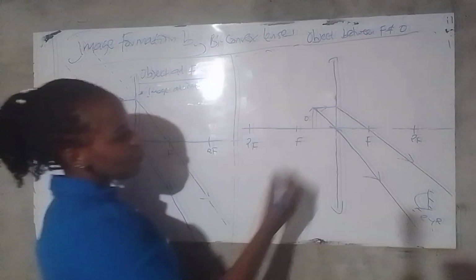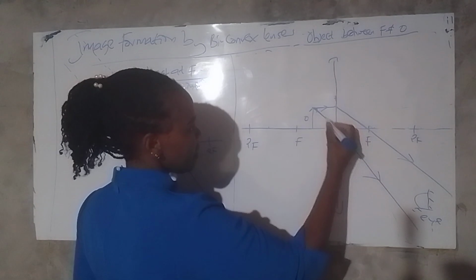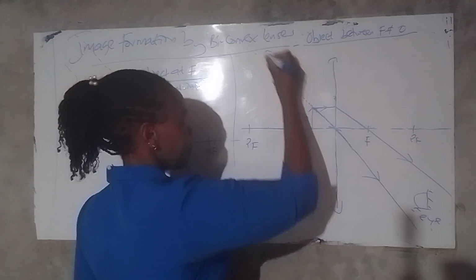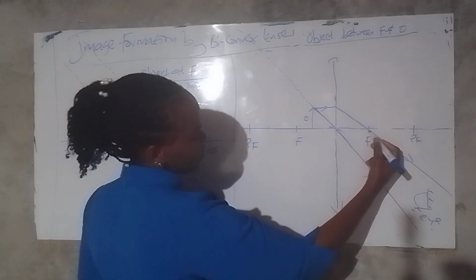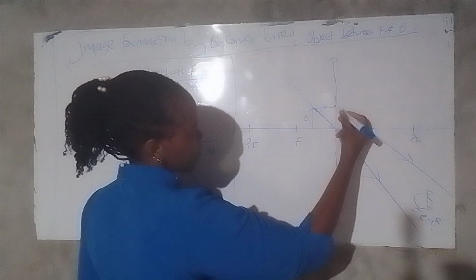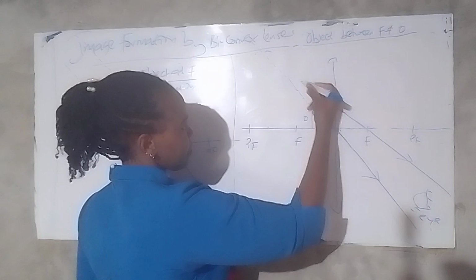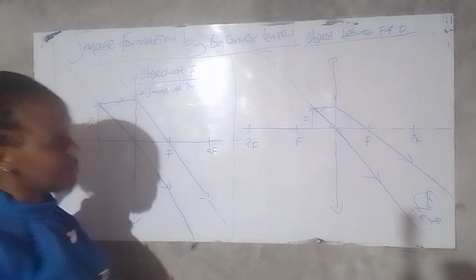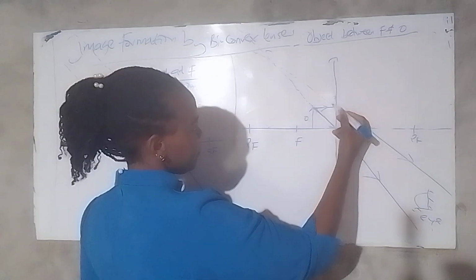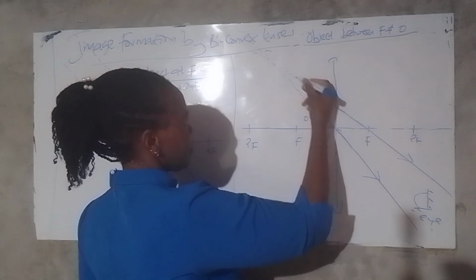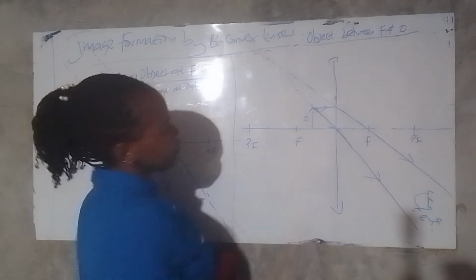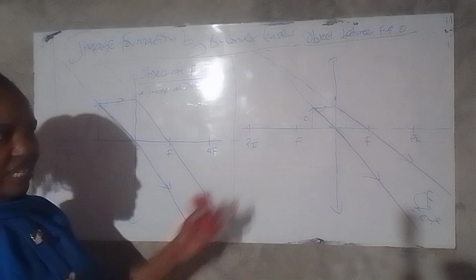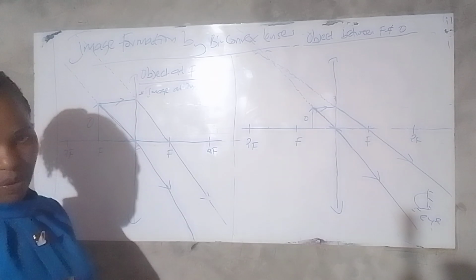Okay, so if you produce these diverging rays backwards on a straight line, try to make the line straight. Then those rays look like they are coming from somewhere, because they are diverging rays, so they came from somewhere.